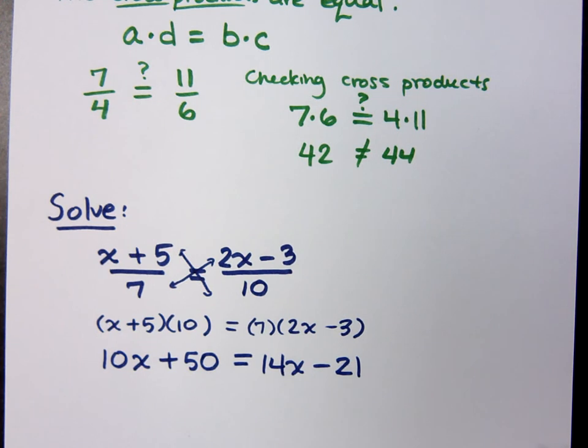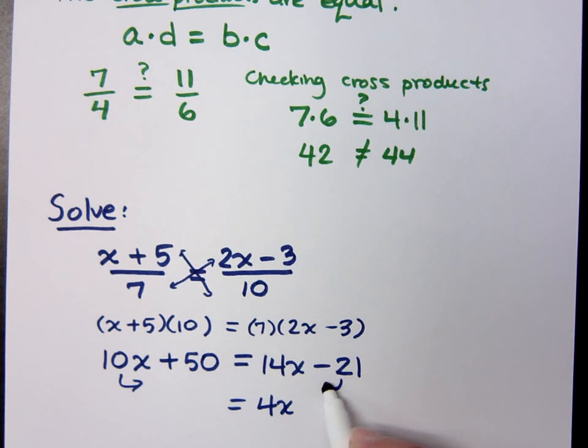You could combine like terms. Well, I can't combine like terms still on the same side. So what I'm going to do is move the 10x to the other side. That's going to give me 4x. I'm going to move the 21 to the other side, and that's going to give me 71.